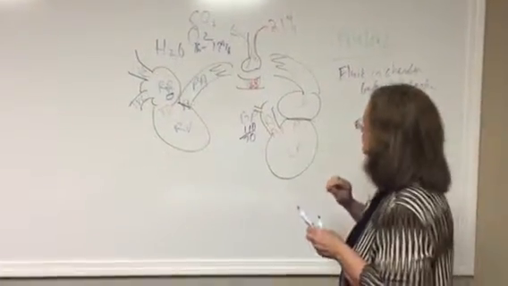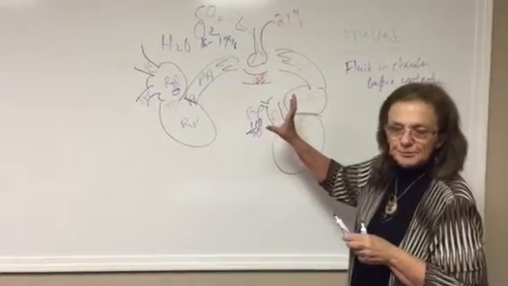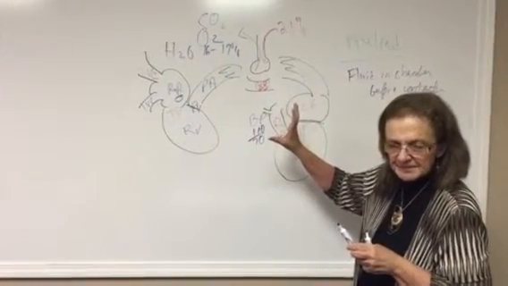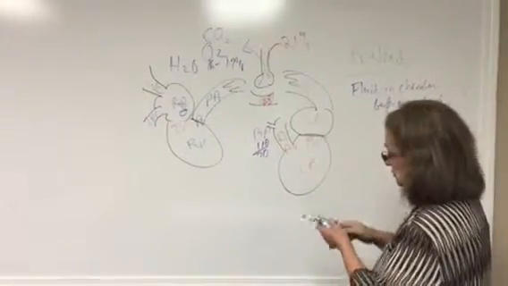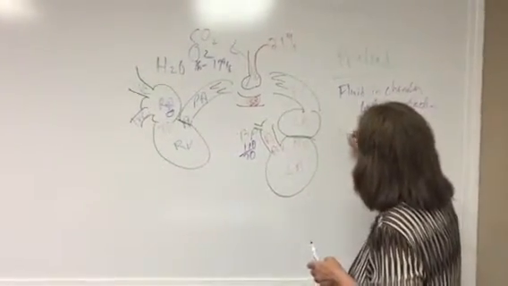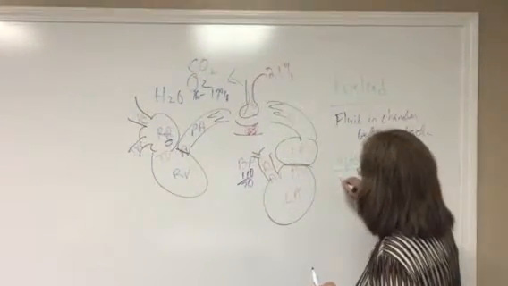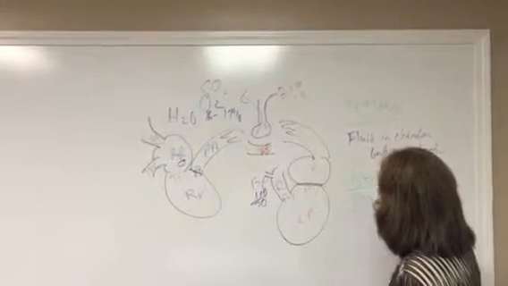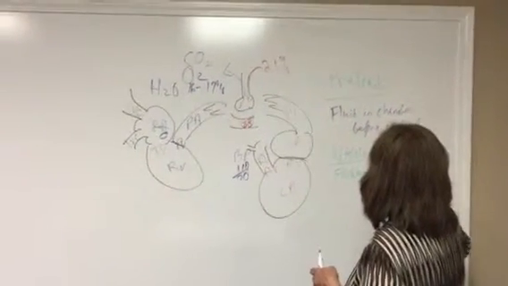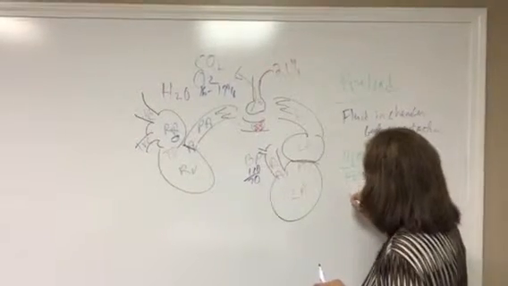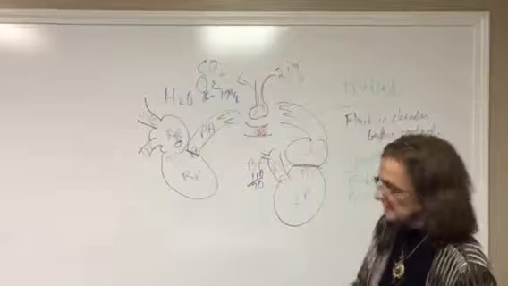Now, afterload is the resistance that the preload or fluid has to pump against, and afterload is also fluid. So afterload is forward resistance, and it's the preload that has to be pumped out.